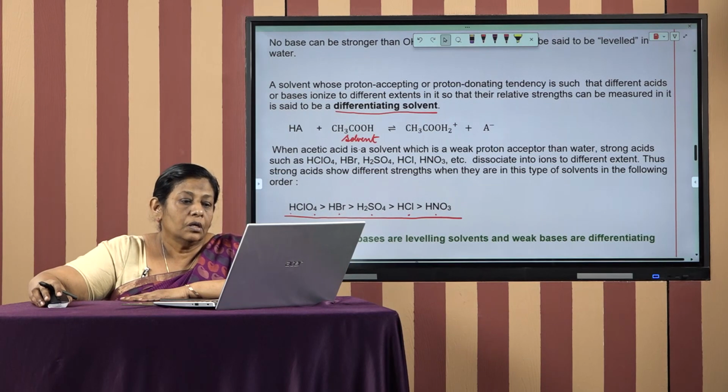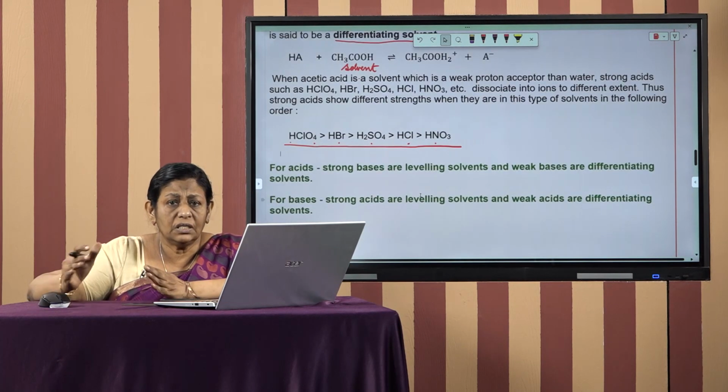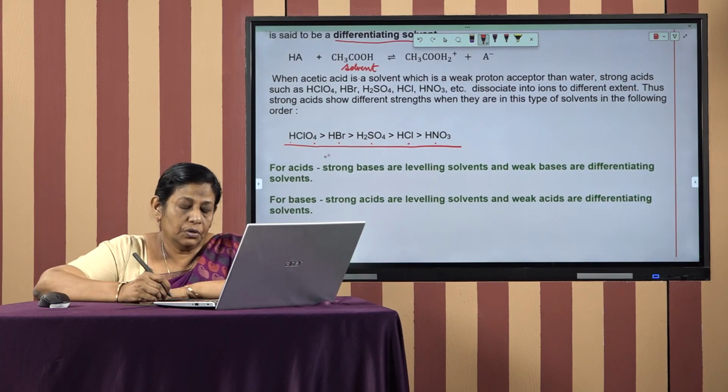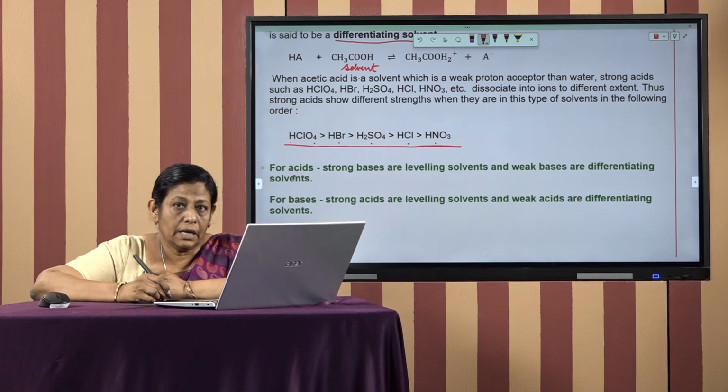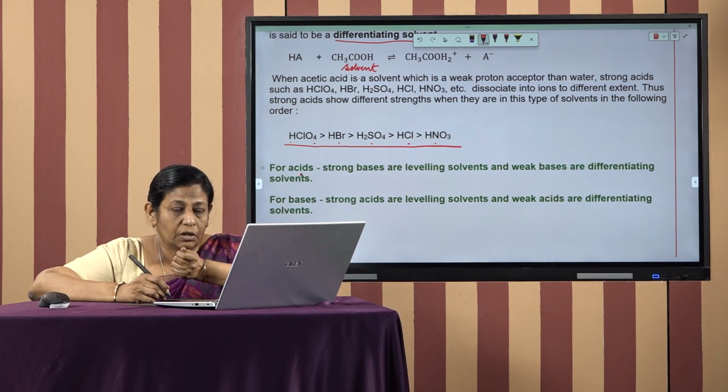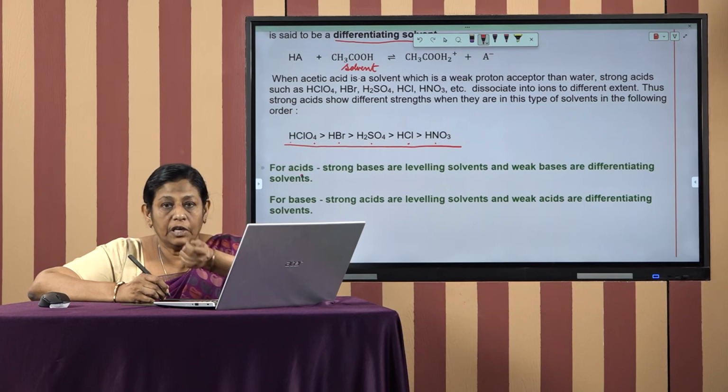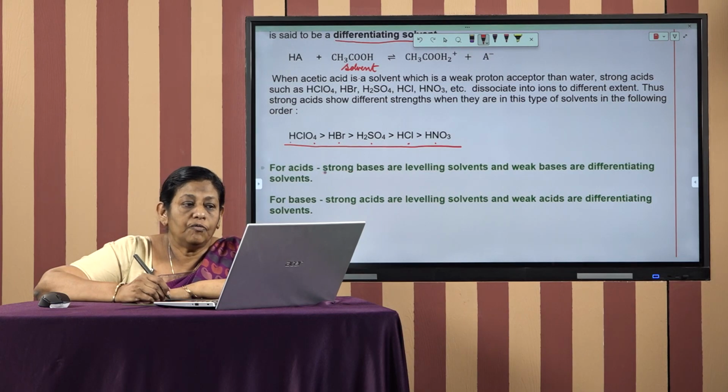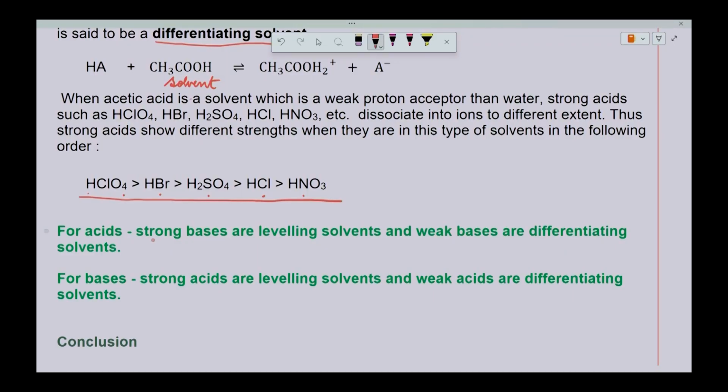Okay. Now, there is a general term we can use for that. For acids, whether we will have a leveling solvent or a differentiating solvent depends on this: if I am using a solvent which is a strong base, it will act as a leveling solvent.